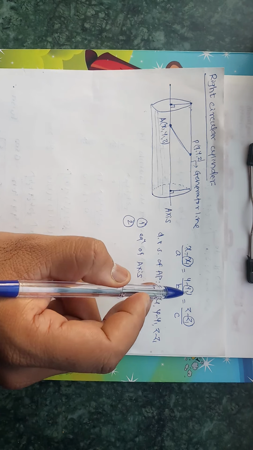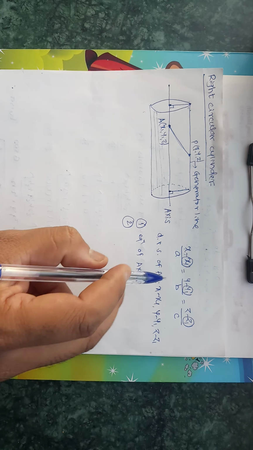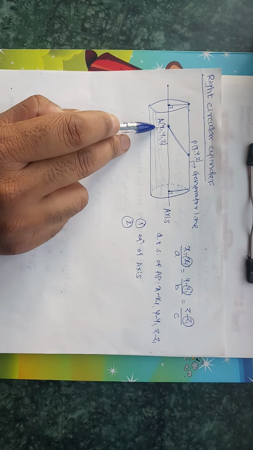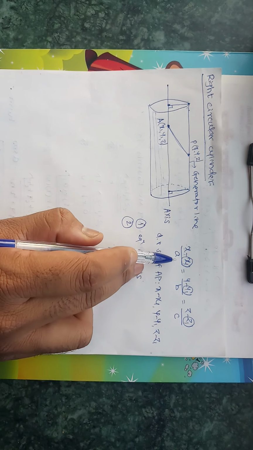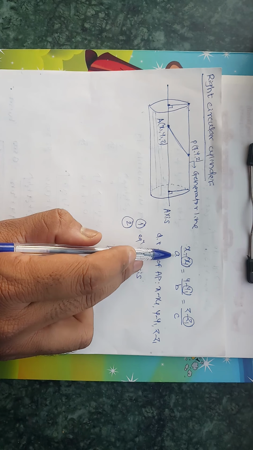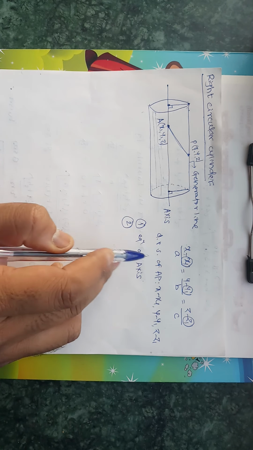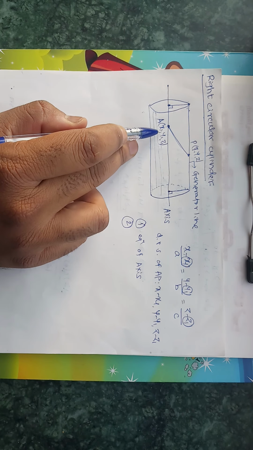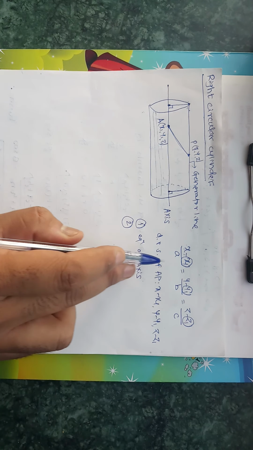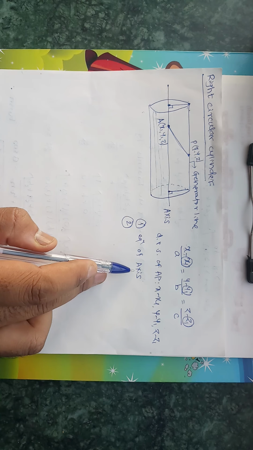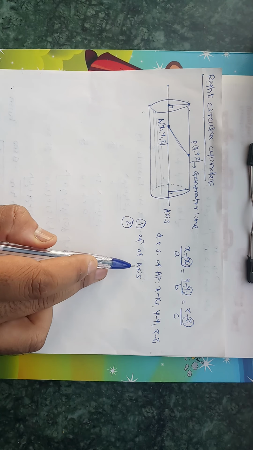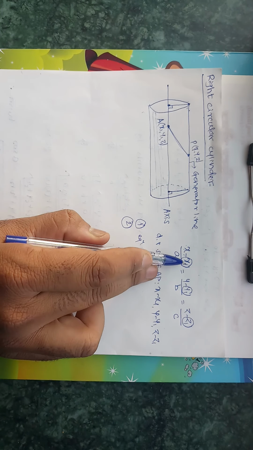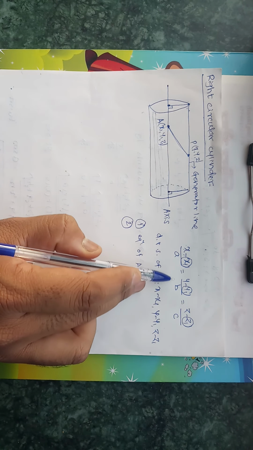If the equation of the axis is not given, then the point on the axis, that means A, should be given, and the DRs of the axis should be given, so there is no need for the equation of the axis. And if a point is not given on the axis, then the equation of the axis is needed, because this equation is needed to find the point on the axis x1, y1, z1 and the DRs of the axis.